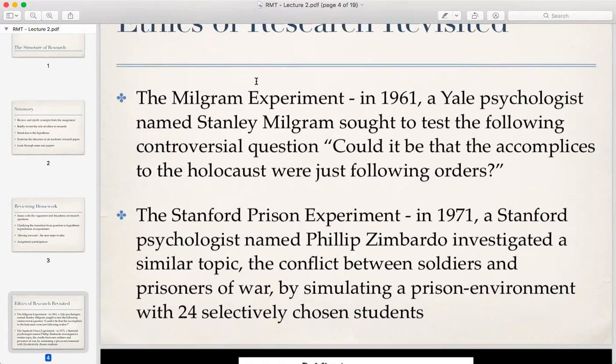If you guys are not familiar with what the Nuremberg trials are, it is a series of trials maybe a decade after the end of World War II that prosecuted several high-ranking Nazi officers. There were a couple in particular where the Nazi officers' defense was that, okay, we weren't designing the program that killed all these Jewish people.